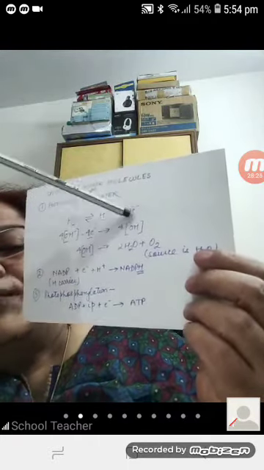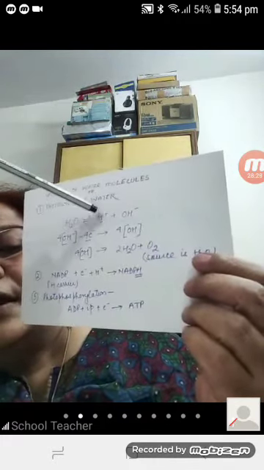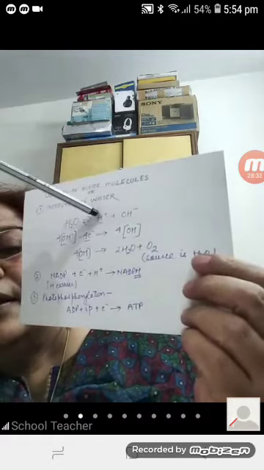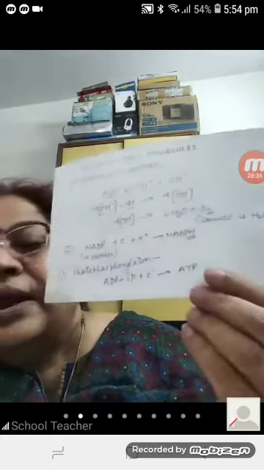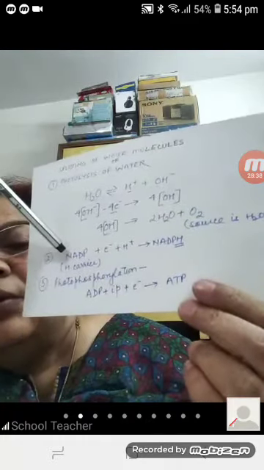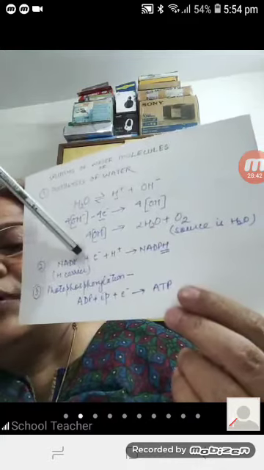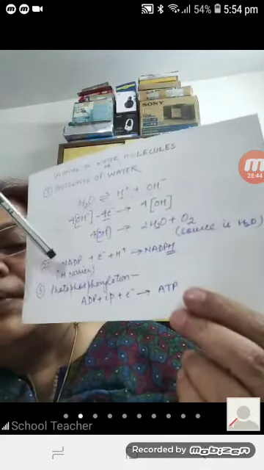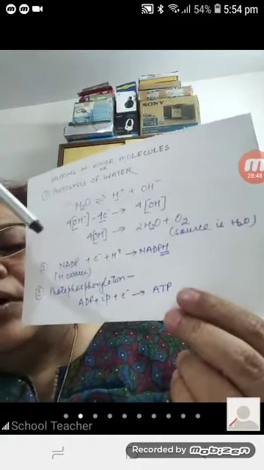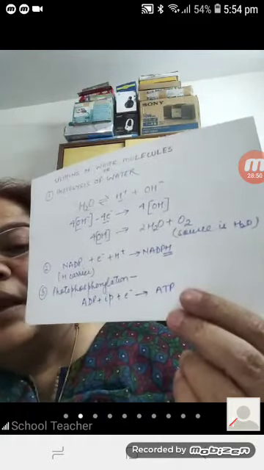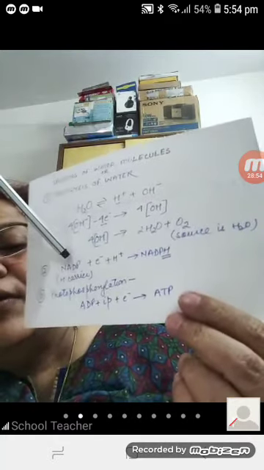Now what happens to other products like hydrogen ion and electron? Now you see NADP, nicotinamide adenine dinucleotide phosphate. This compound is present in the protoplasm of all the living cells, animal as well as plant. This is a carrier of hydrogen.